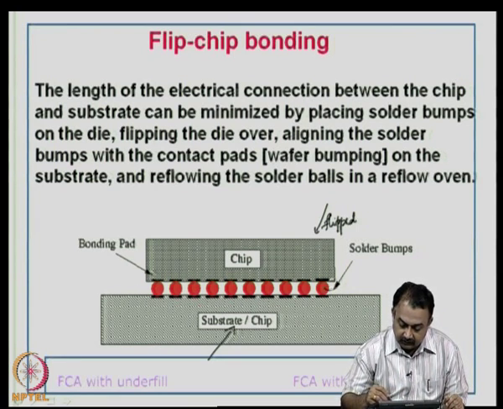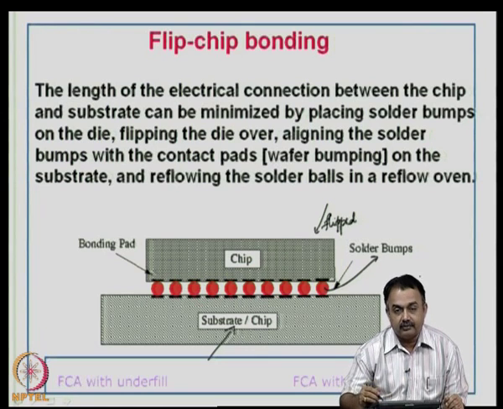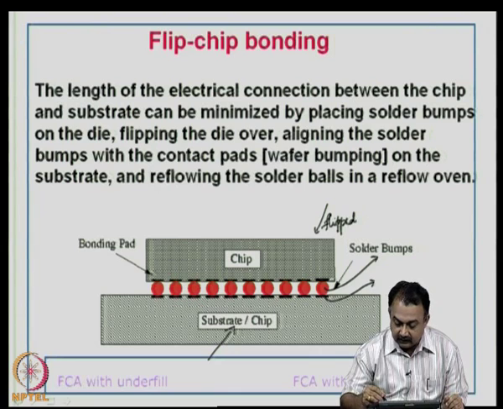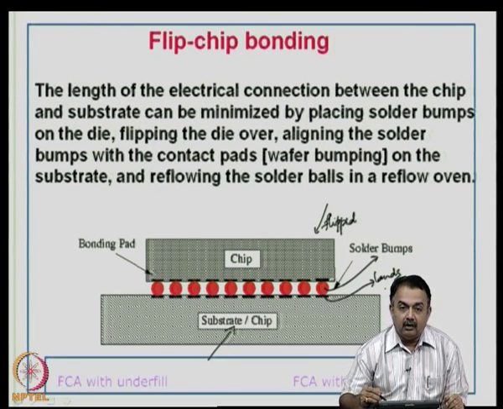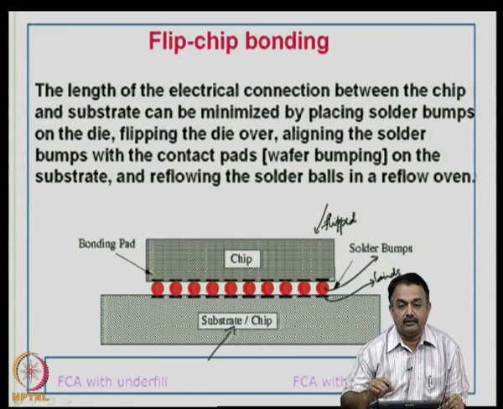These are the solder bumps. Here you can see that there are landing sites on the substrate onto which the chip will be flipped over and perfectly aligned using appropriate equipment.